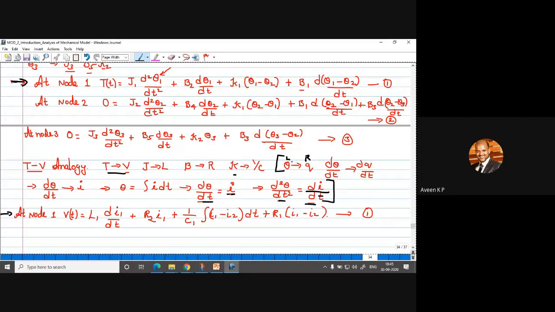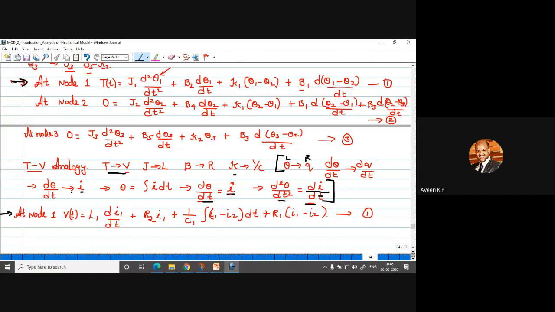Apply the differential with respect to time: differentiation of theta with respect to dt, and the same differentiation of q with respect to dt. In the next step, I rewrite the differentiation of q with respect to dt as I, because the rate of change of charge with respect to time is nothing but current.